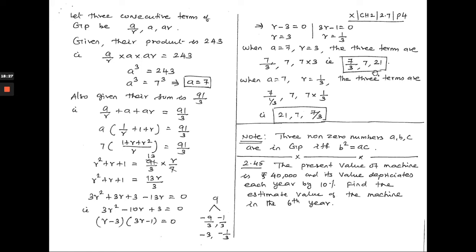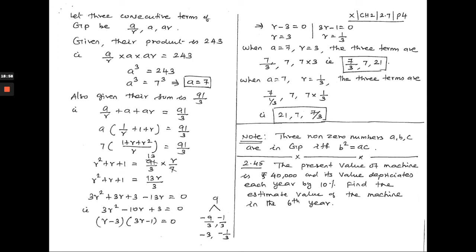When A is equal to 7, R is equal to 1 by 3, here A by R is 7 by 1 by 3, which is 21, A is 7, AR is 7 into 1 by 3, 7 by 3. Note, here the 3 terms are 21, 7, 7 by 3 or 7 by 3, 7, 21.